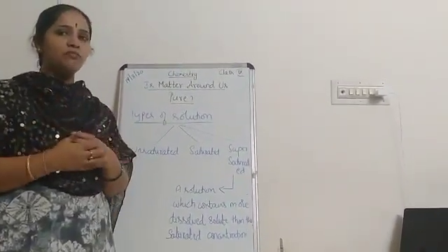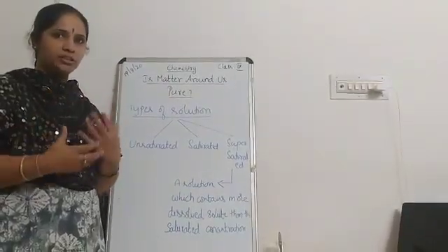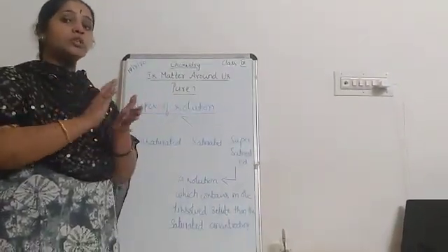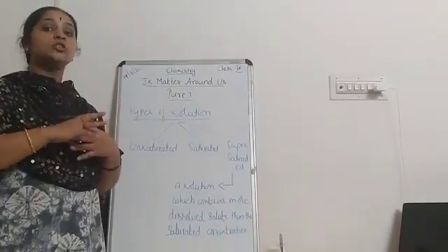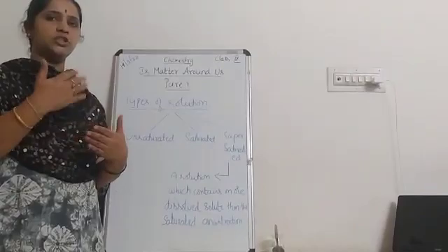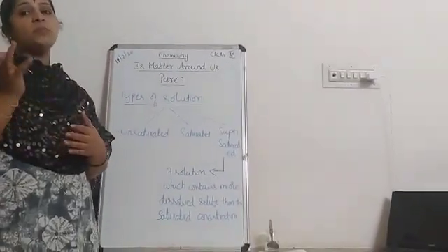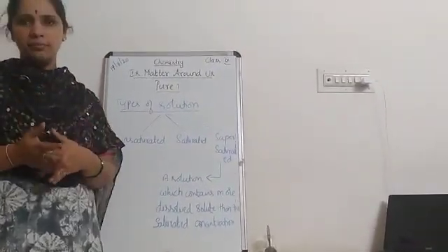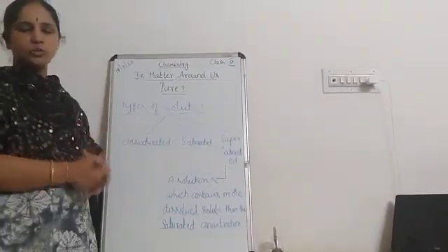So what your mother will do, she will start increasing the temperature, that means she will start boiling it. As the temperature increases, the solubility also increases, so more and more solute, that is sugar, you can add. Again there becomes a point, even after increasing the temperature, no more sugar can be dissolved.